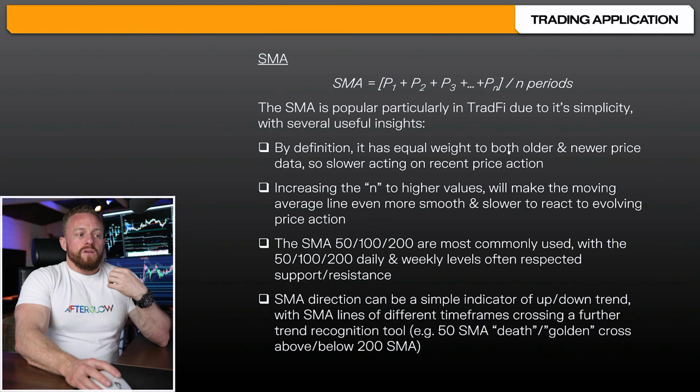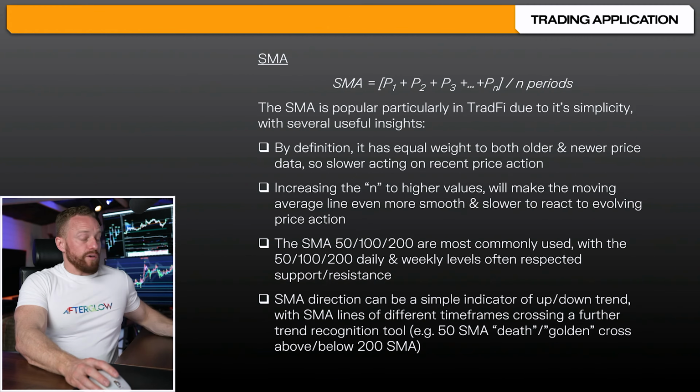Now, something you'll see is that if you increase the number of periods, so let's say the SMA 100 versus the SMA 20, then it will smooth out the SMA line even further, exacerbating that smoothness or slowness to react.